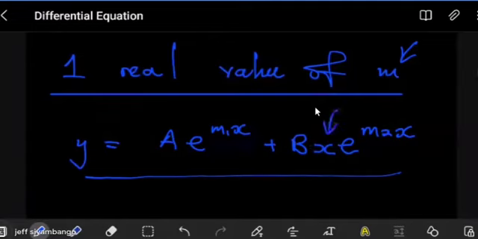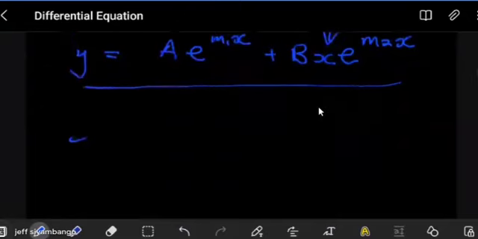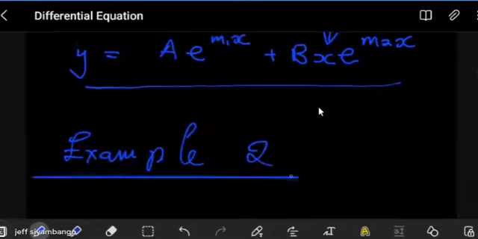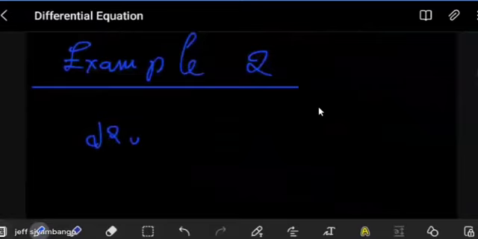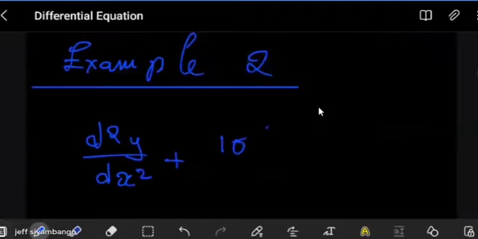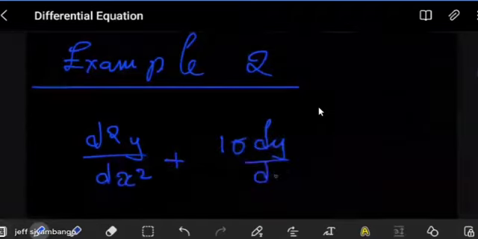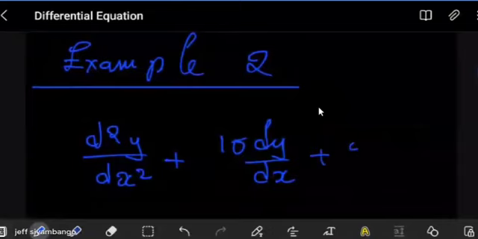So again, as I pointed out, we will not try to prove this, but instead we can just look at an example where that actually turns out to be the case. Consider an example where you have the second derivative, plus 10 dy/dx, plus 25y is equal to 0.